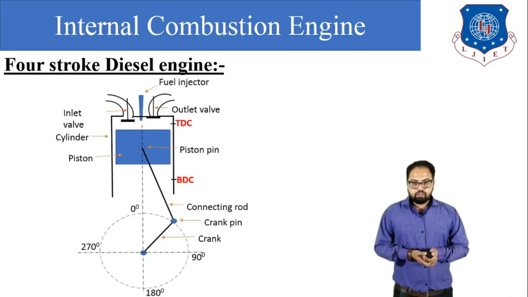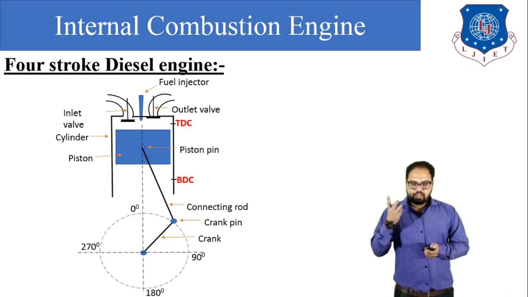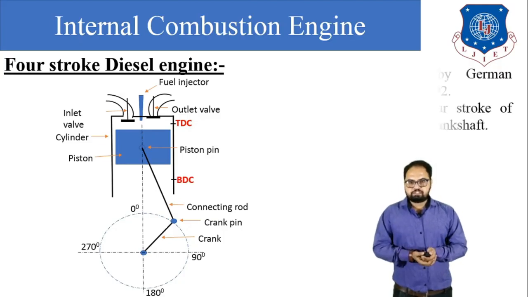From the name you can easily get an idea that a 4-stroke diesel engine means the cycle is completed in 4 strokes. We all know the 4 strokes because in the last video session we discussed the 4-stroke petrol engine. All the strokes remain the same as the petrol engine: suction, compression, expansion and exhaust. So let's start with some history.